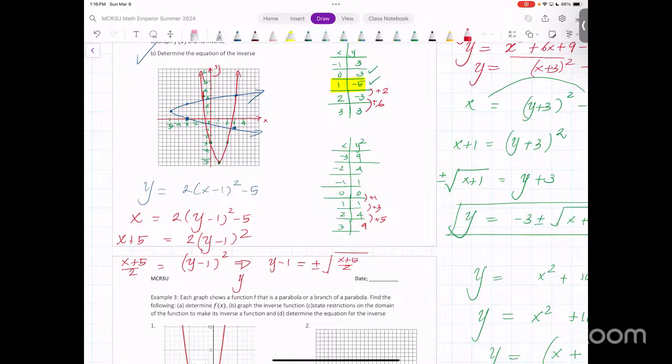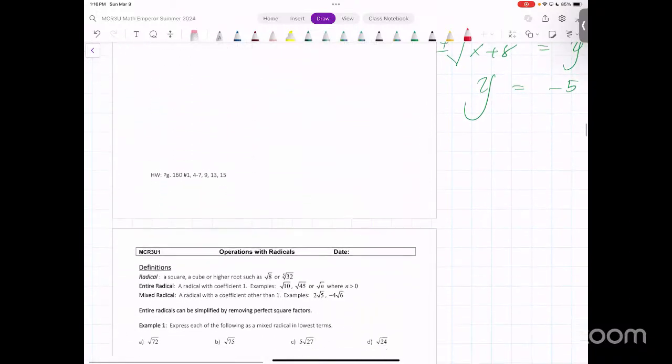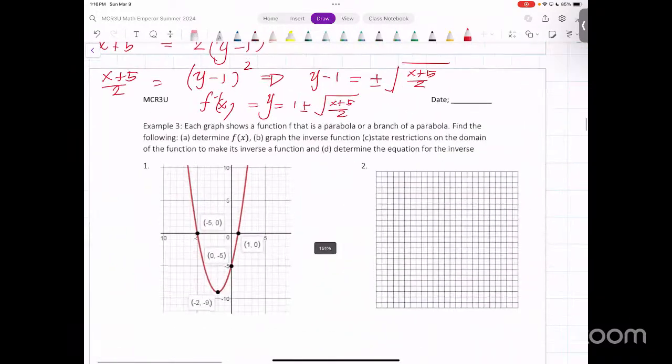So therefore, y is equal to 1 plus or minus the square root of (x plus 5) over 2, which is basically f inverse of x. I'm just checking it. Yeah, that's almost done with that inverse.